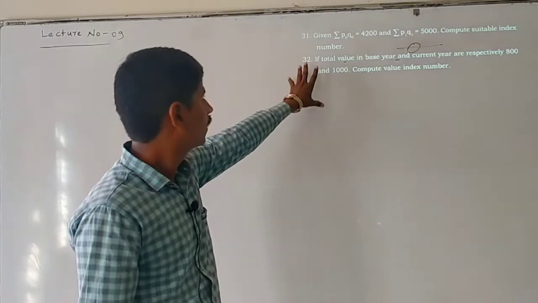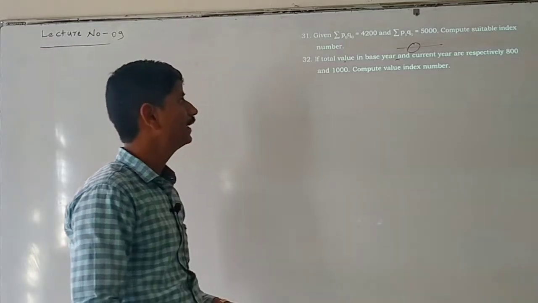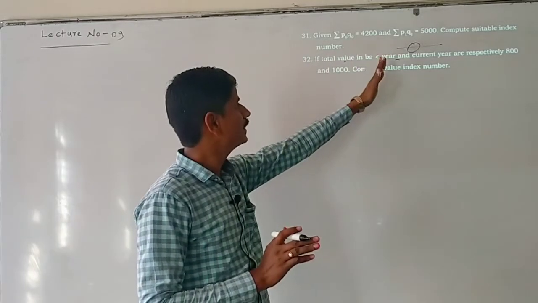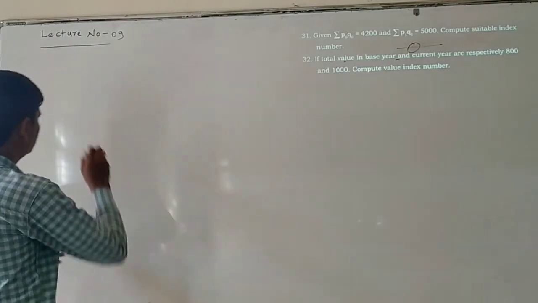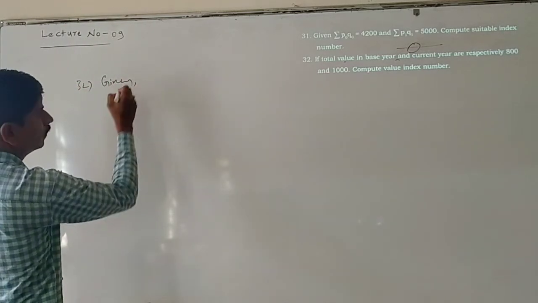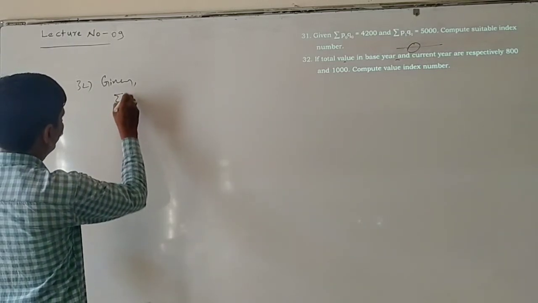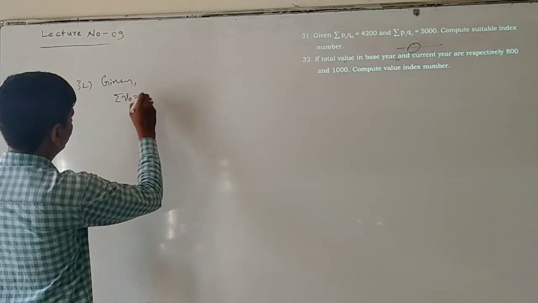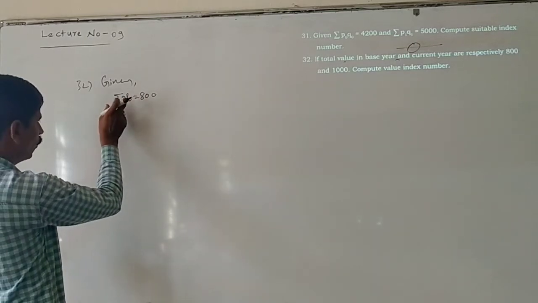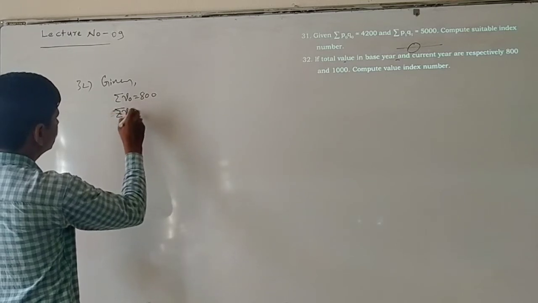Here the problem is based on the value index number. Given data: total value in the base year, sum of V0, is 800 and sum of V1 is 1000.